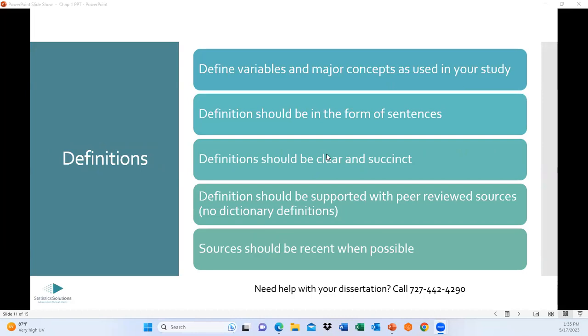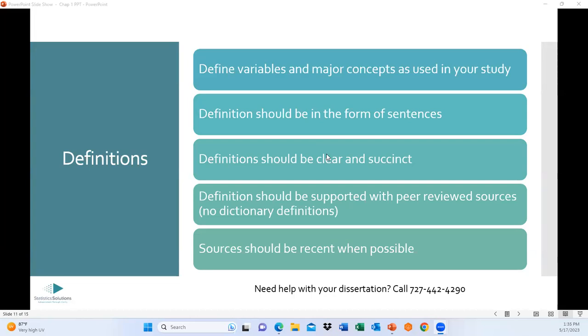Definitely your variables, or your factors if it's qualitative, the major concepts, maybe the theory. And you do it in this definition section. Now, other than the definitions themselves, the only real text you need is something like: the following terms are defined for use in the study, period. And then you can go on with your definitions.